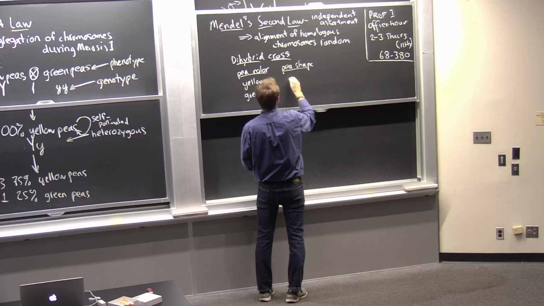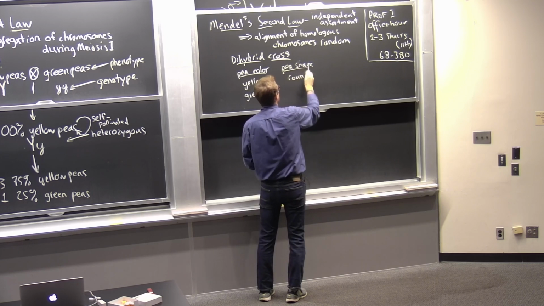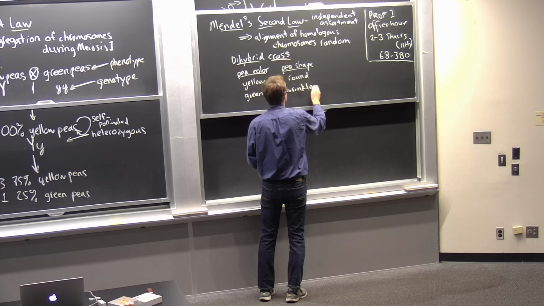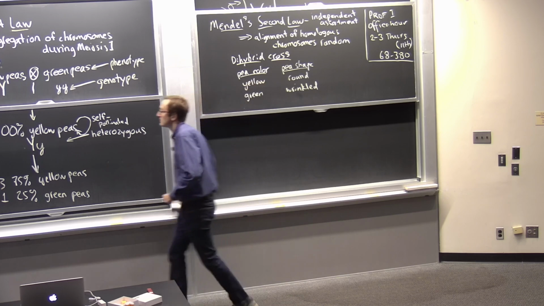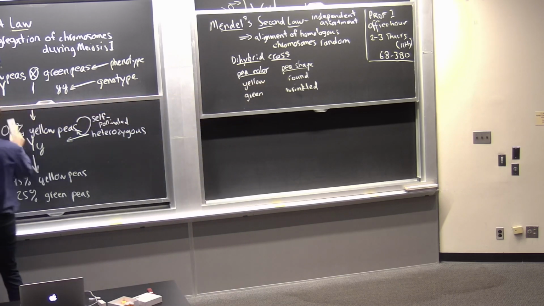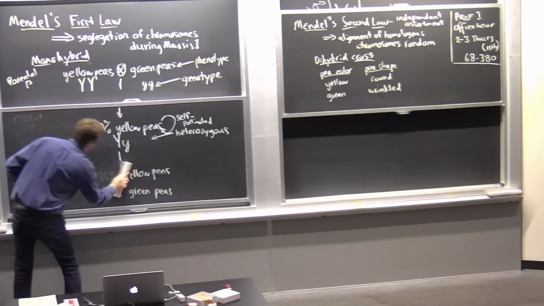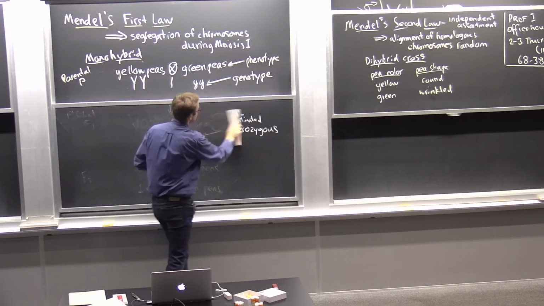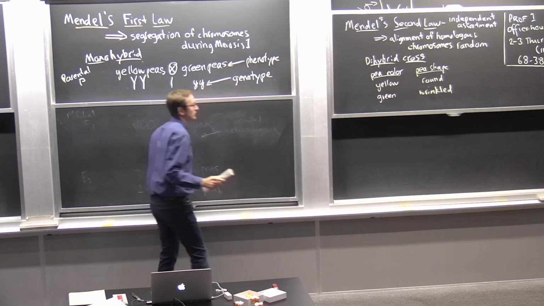So you can have peas that are round and peas that are wrinkled. All right, I'm going to make use of this board again. So let's consider the round wrinkled case.